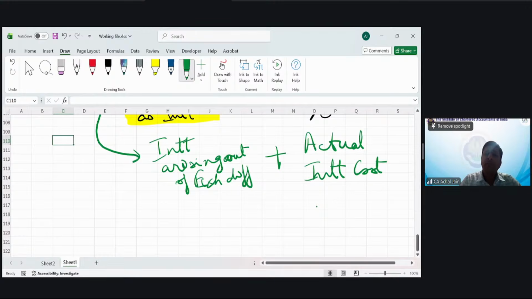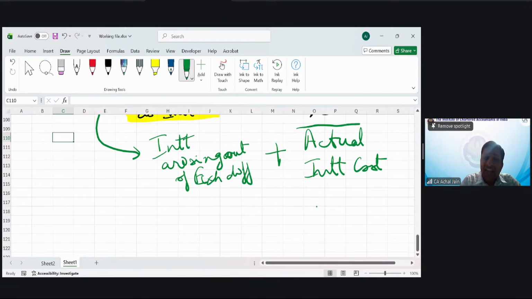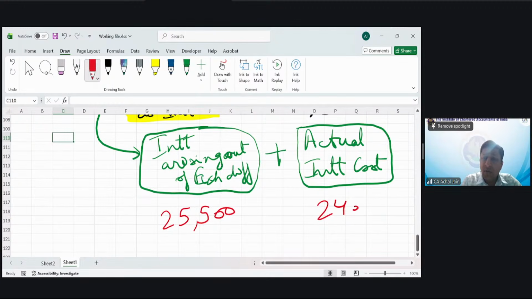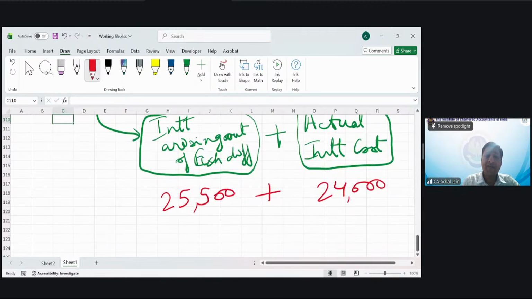Now, this actual interest cost would anyways had to be capitalized. So that's why what will happen? Now you will be capitalizing this 24,000 anyways plus this 25,500. So you will end up capitalizing 49,500.